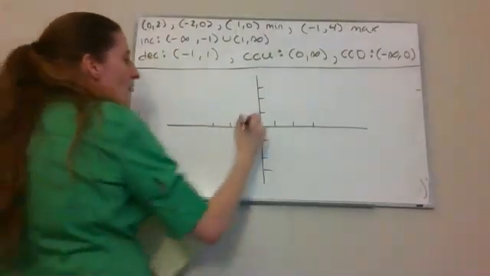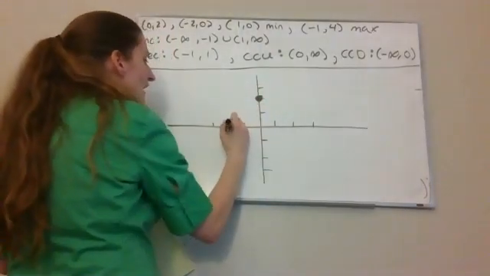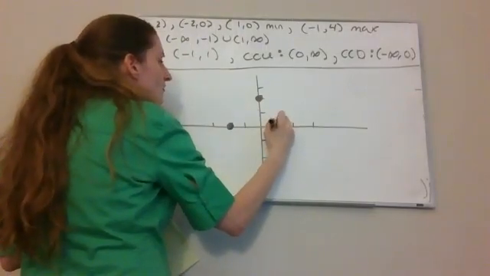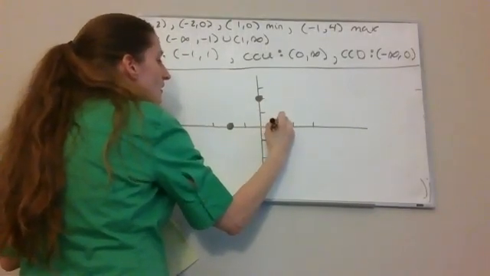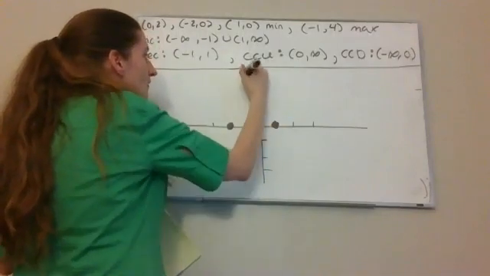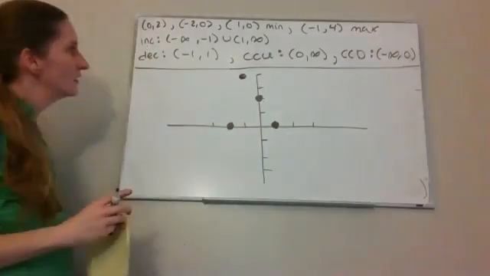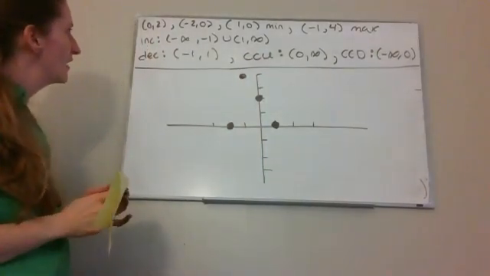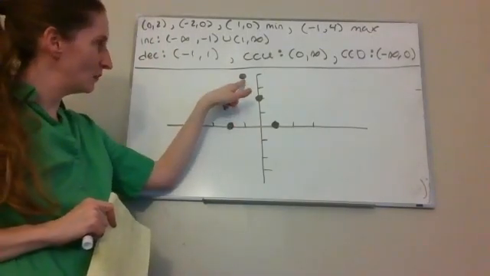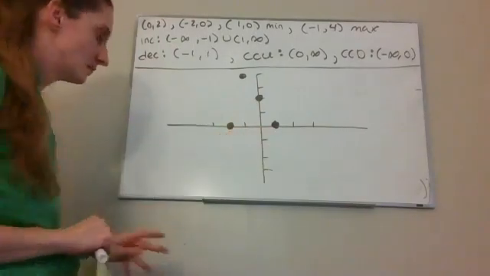So I have a point at 0, 2, a point at -2, 0, a point at 1, 0, and a point at -1, +4. And we know that this -1, +4 is a maximum, and this point here, 1, 0, is a minimum.